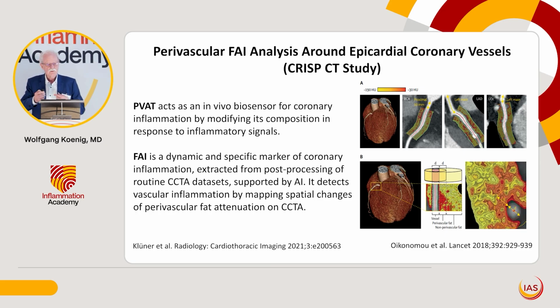Although it's a bidirectional process, the inflammation that goes on in the vascular wall modifies the fat that surrounds the epicardial vessel. And the fat attenuation index is a specific marker of coronary inflammation, and you can use regular CTA data in addition to using AI, and it really detects vascular inflammation by mapping three-dimensional changes of the perivascular fat attenuation on CCTA.